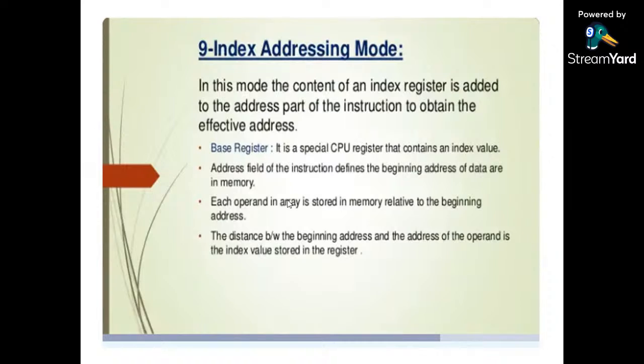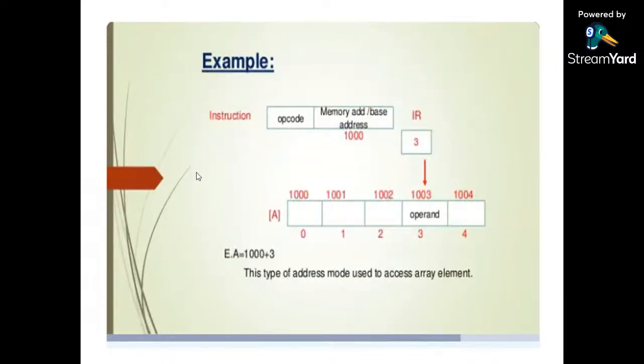Index addressing mode: there is a base register present. Okay, and there is a constant value specified, so we keep adding that constant value to the base register to obtain the value of the next address. We'll directly go to the example. Okay, so suppose you have been given an instruction where the opcode is specified and the base register address is 1000.